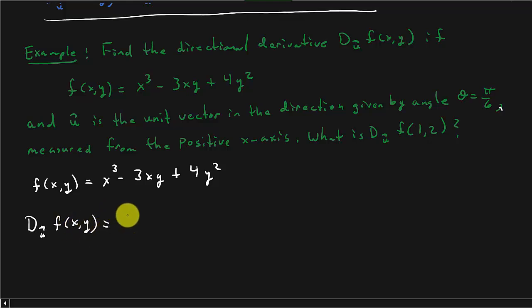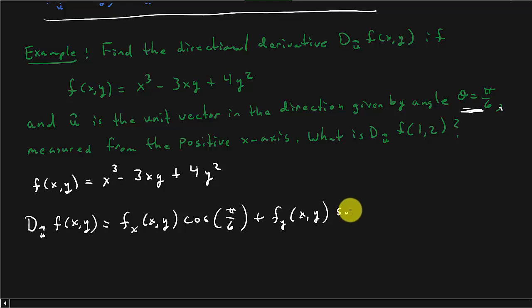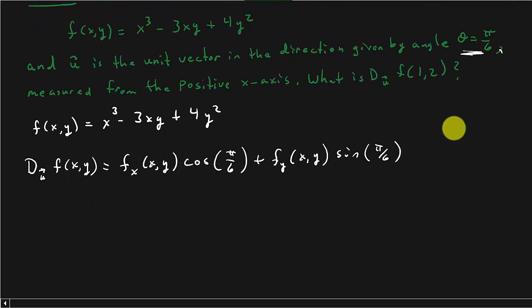That's going to be the partial with respect to x times cosine theta, which in this case, notice they give us theta as pi over 6, plus the partial with respect to y times the sine of theta, and theta is pi over 6. So let's take the partial with respect to x.